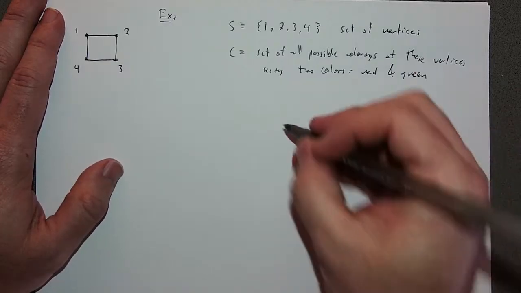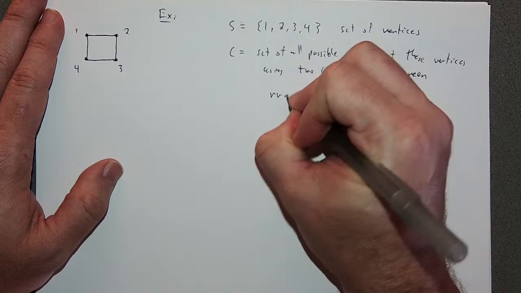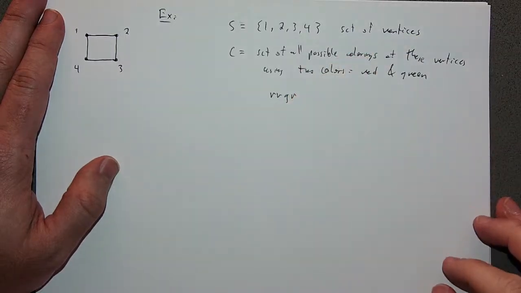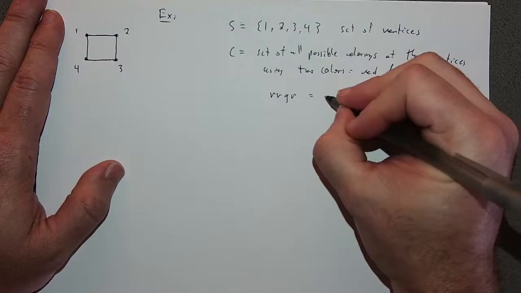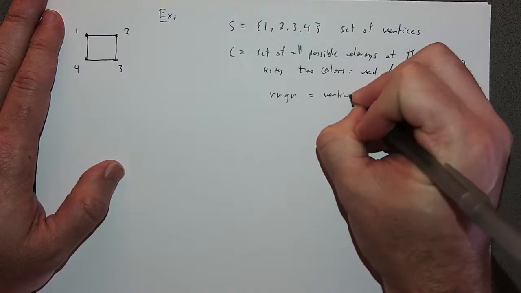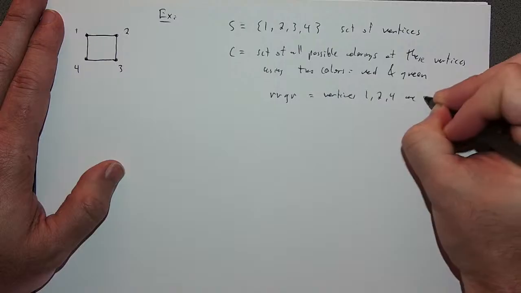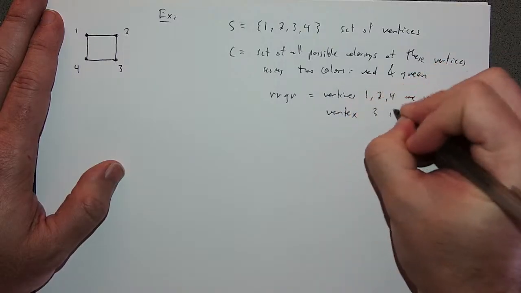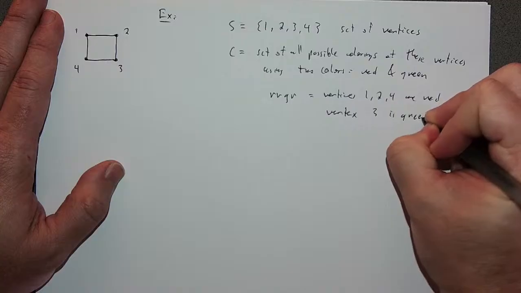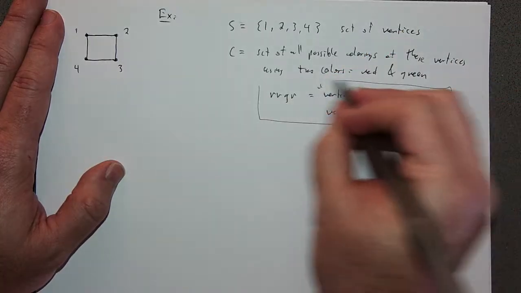For instance, a quick example, red, red, green, red would denote the coloring where vertices 1, 2, and 4 are red, and vertex 3 is green. That's what that symbol means.